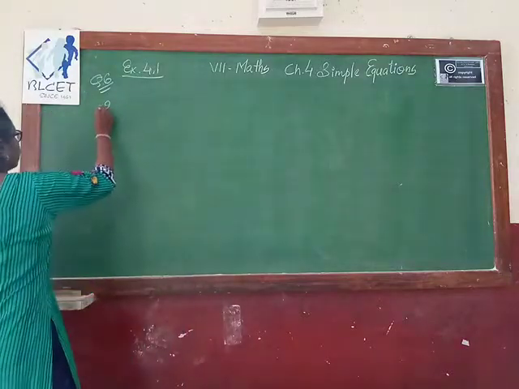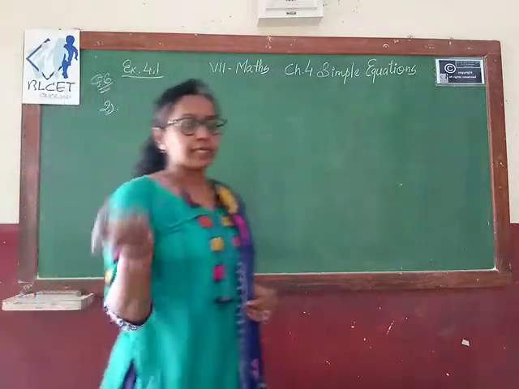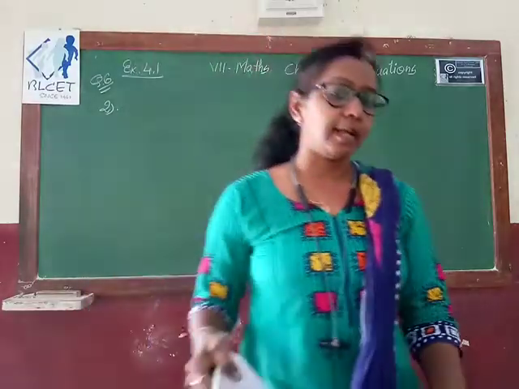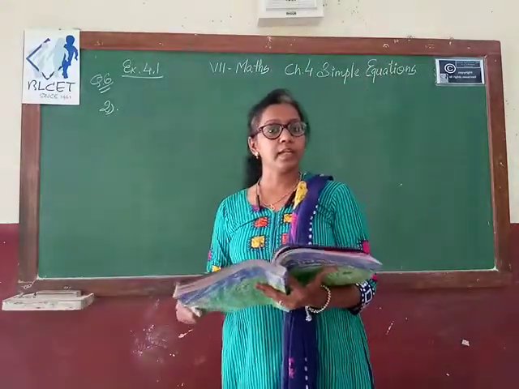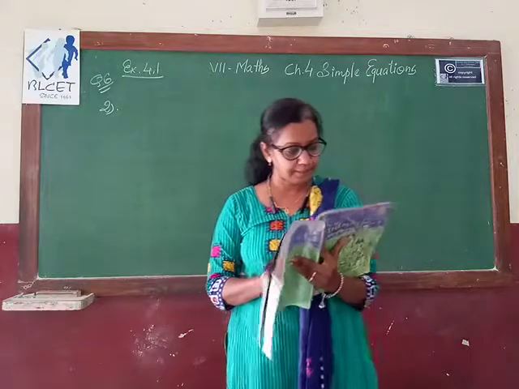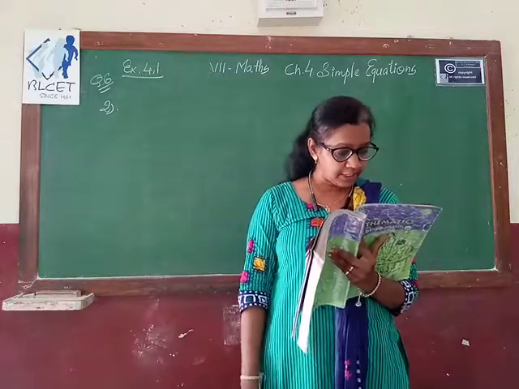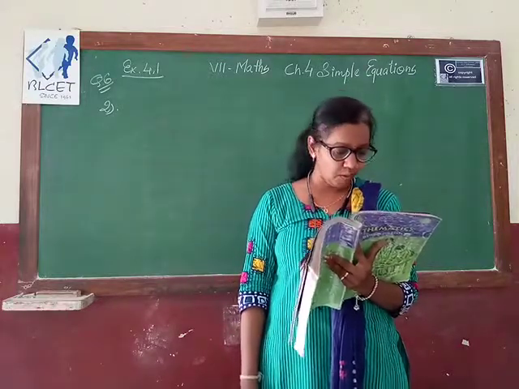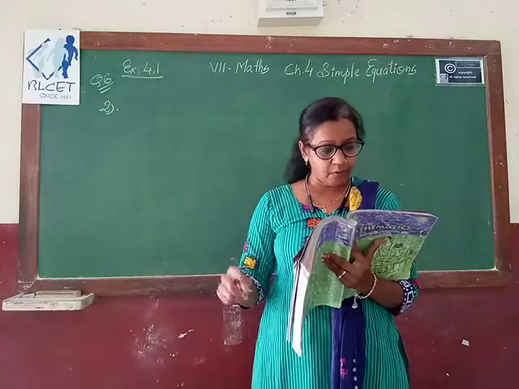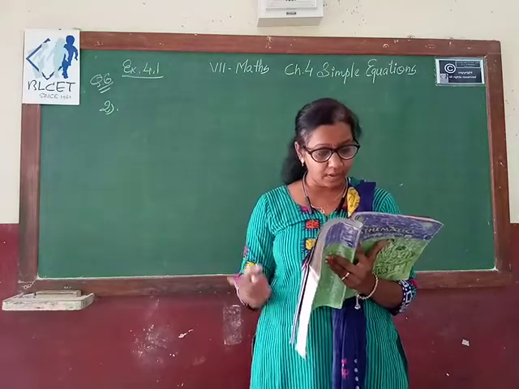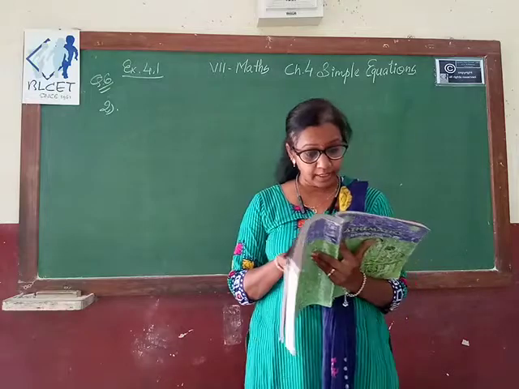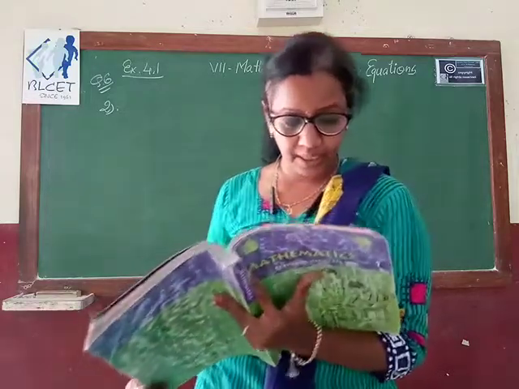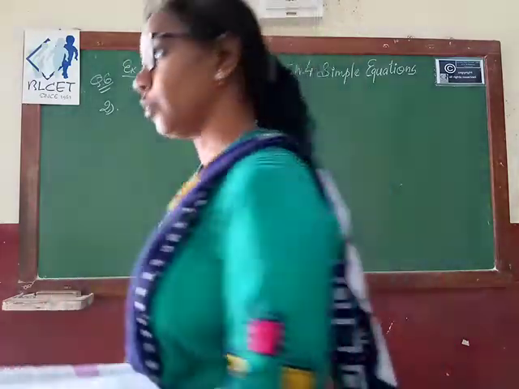Read the question properly. Write the given data, arrange them in a proper way so that you will be able to form an equation. Okay. Lakshmi's father is 49 years old. He is 4 years older than 3 times Lakshmi's age. Here Lakshmi's age is to be considered as y.